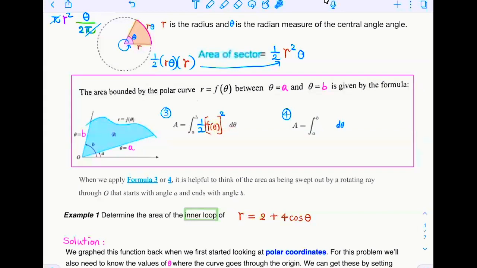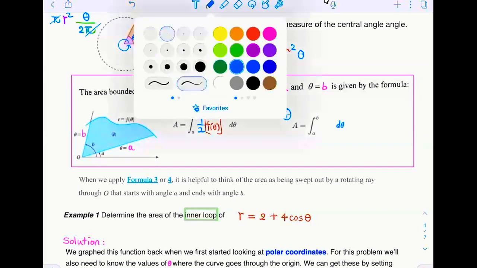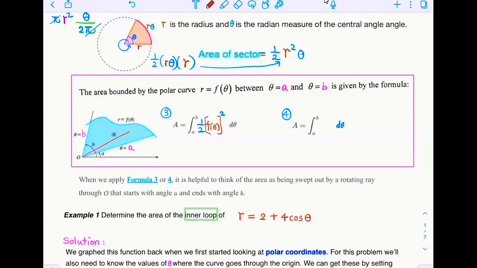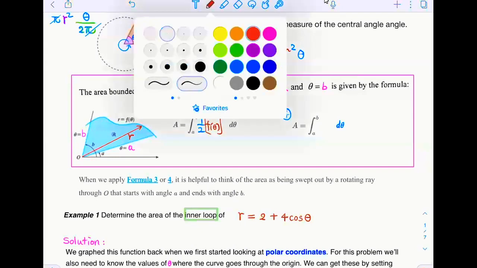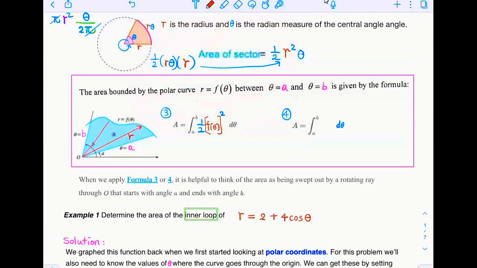Another way to write this is, as you sweep out, you see this r over here. This r is going to change as theta changes from a to b. So sometimes r is here, sometimes there.